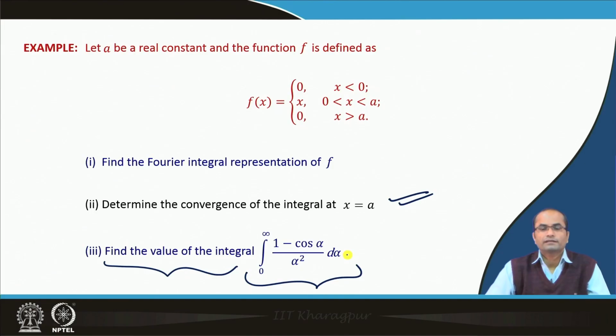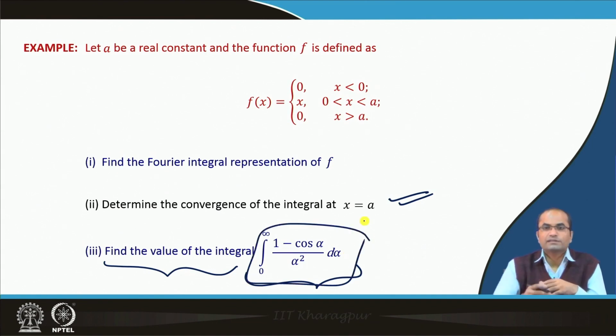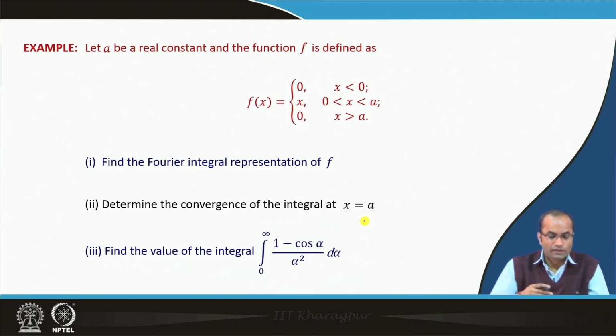Like earlier in the case of the Fourier series, where we could get the sum of a series using the convergence result of the Fourier series, now with the convergence result of the Fourier integral representation we will be able to find some integrals which may be very difficult to evaluate without it.